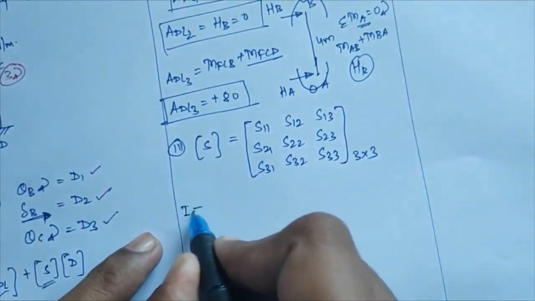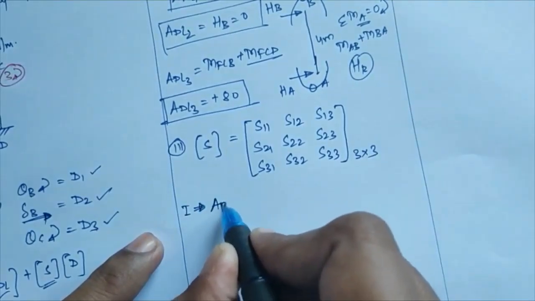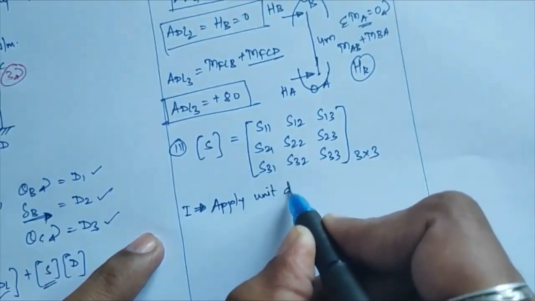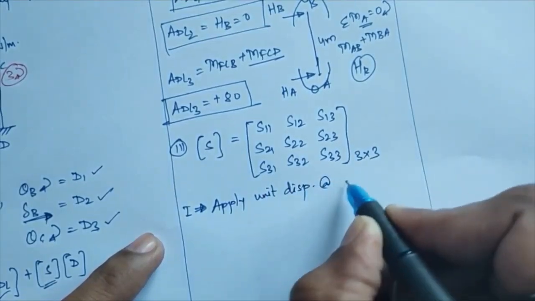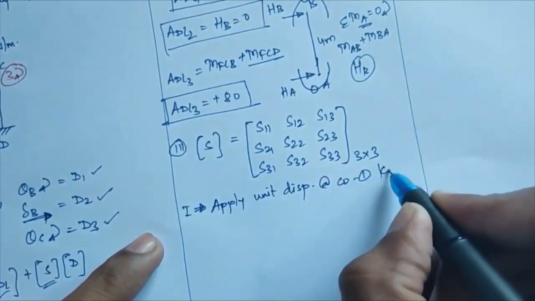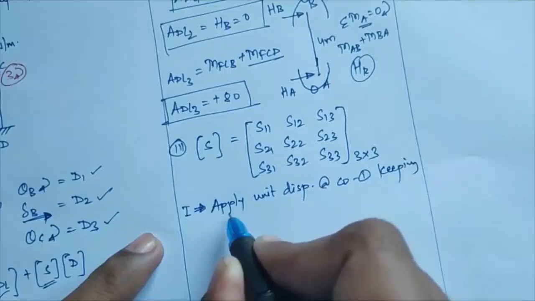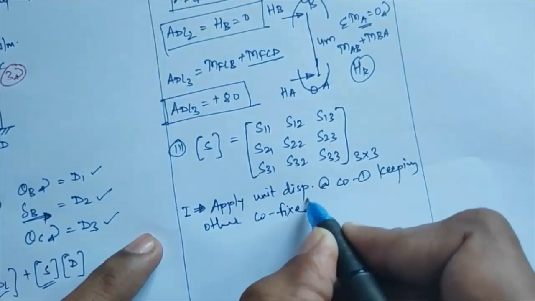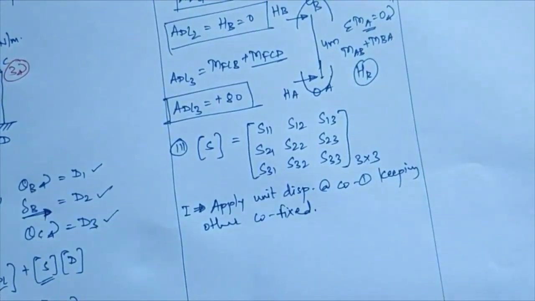So in the first row, what we'll do? We apply unit displacement at coordinate 1, keeping other coordinates fixed. Okay.